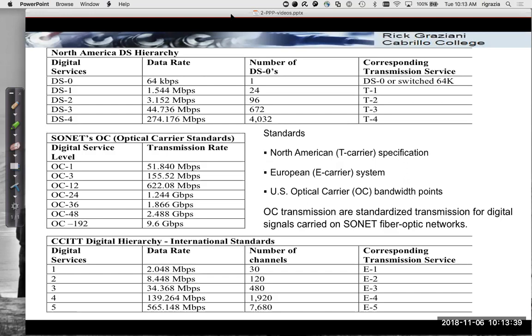Also talked about this in the previous video, SONET, optical carrier standards. And we've got the international standards. So North America uses the T carrier specification, Europe uses the E carrier, and the US uses the OC optical carrier for discussing transmission rates. All right, but anyway, I just wanted to share that with you.